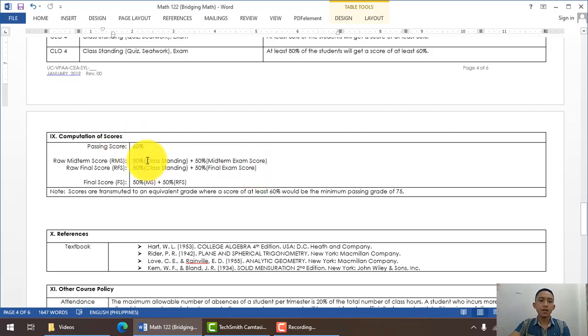50% from your class standing. Class standing includes recitation, assignments, sheet works, and quizzes. 50% of your midterm grade will come from these activities, and the other 50% will come from your midterm exam.